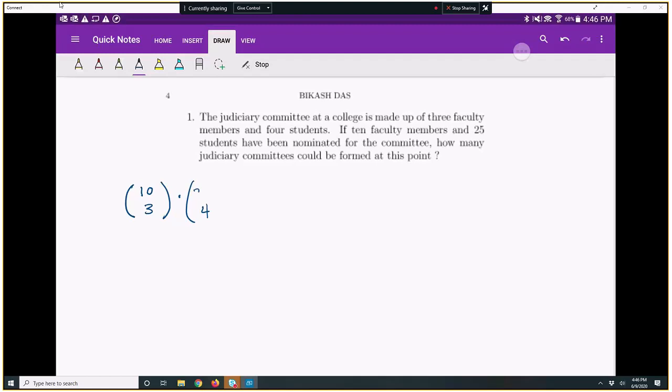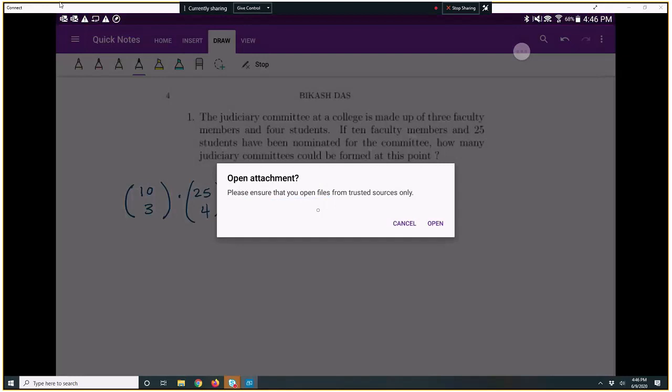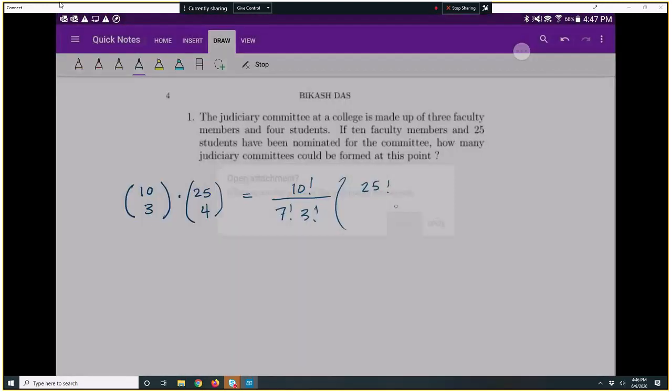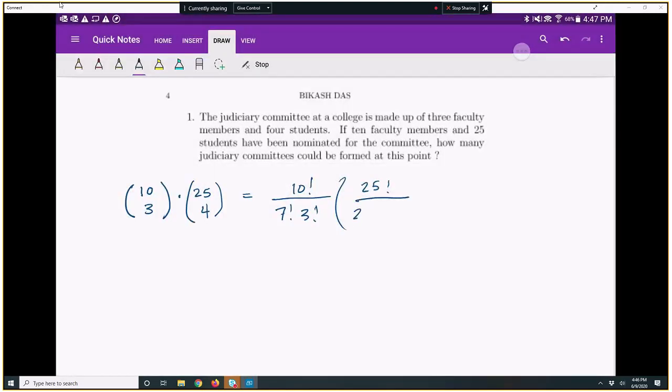I have 25 to choose from. So I could write this out. This would be 10 factorial divided by 7 factorial times 3 factorial, and that would be multiplied by 25 factorial divided by 21 factorial times 4 factorial.